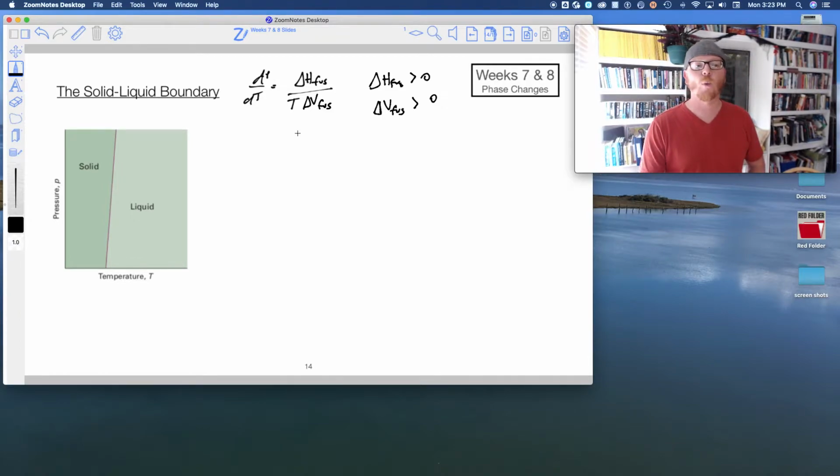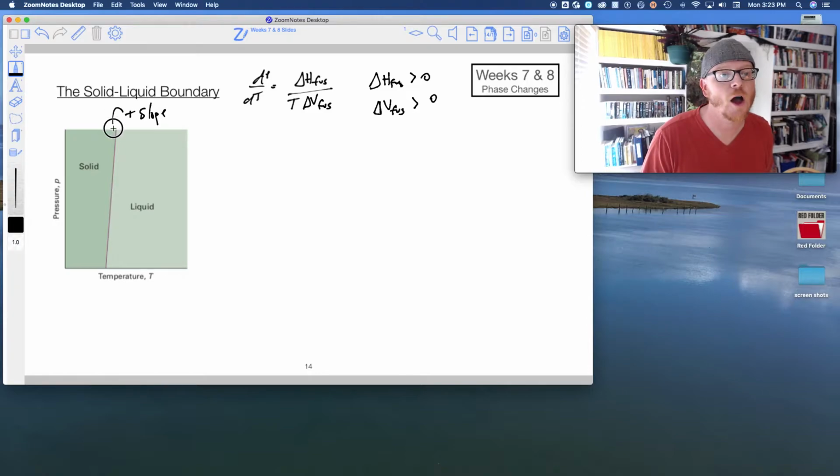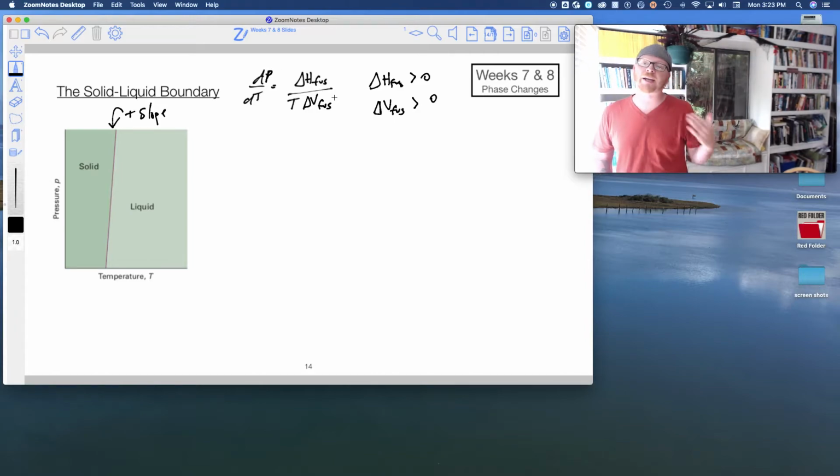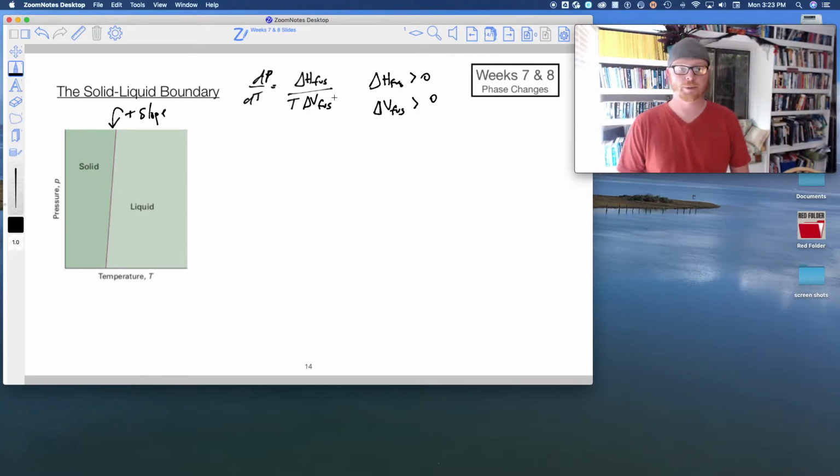And so what that means is you get a positive slope, because we note that in this equation it's dP by dT. So if delta H is a positive quantity and delta V is a positive quantity, dP by dT should be a positive slope. However, if we get a negative slope, delta H of fusion is still a positive quantity.